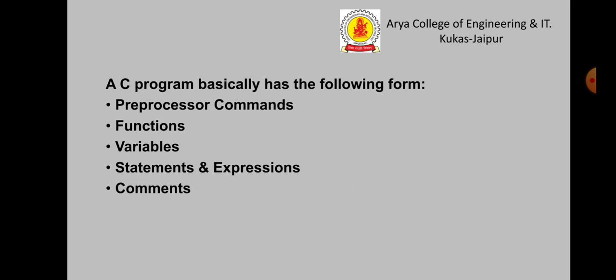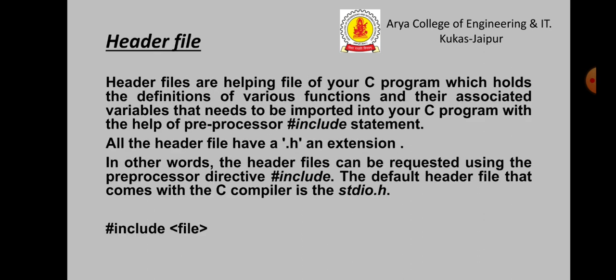Preprocessor commands are the hash include directives that add the functions before the compilation process. The functions are included in the header files. See, these files are the built-in files of C language.